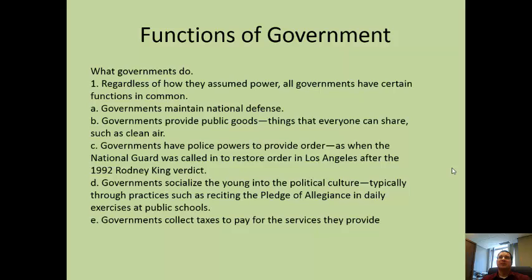And that's if we have a bad relationship, a weak government, then we can get pushed around, right? So national defense is important for property and national interests.